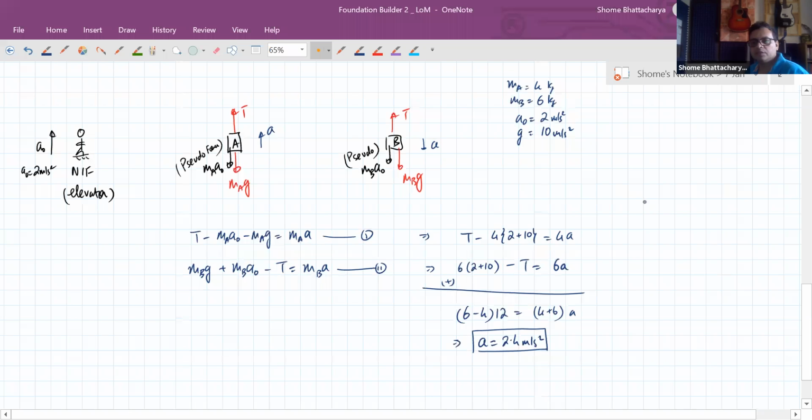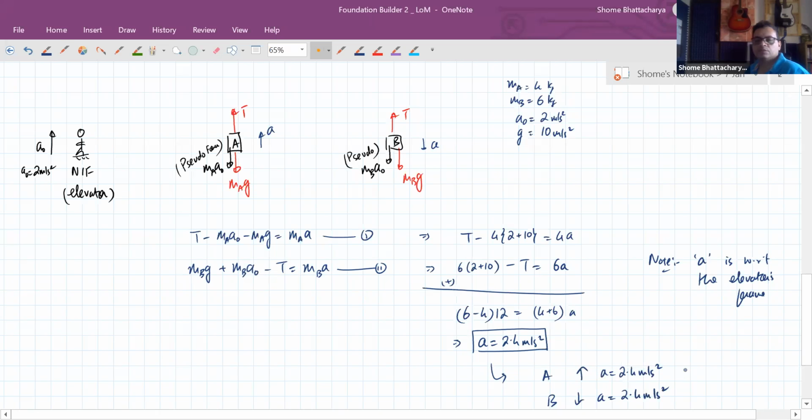Okay, so remember that here a is with respect to the elevator's frame. So in this frame, the block A will be going up with an acceleration of 2.4 meters per second square, whereas the block B will be coming down with an acceleration of 2.4 meters per second square.